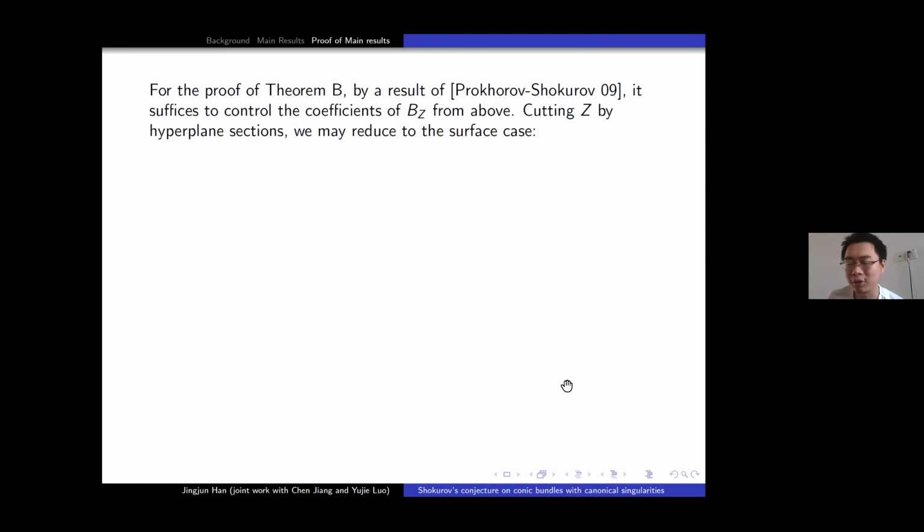Also, maybe we need to control the coefficients of B_Z on some high model. Then we can cut Z by hyperplane sections and reduce the problem to the surface case, because the behavior of the coefficients of B_Z is good under cutting by hyperplane sections.